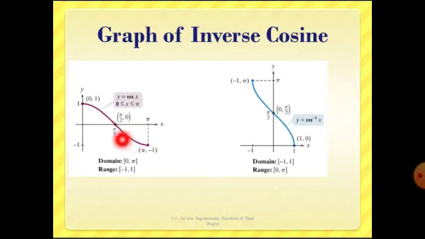If we take cos 0, that is 1. So this is cos 0 and this is 1. Next, cos pi by 2, that is 90 degrees. Cos 90 degrees is 0. So the point lies here.